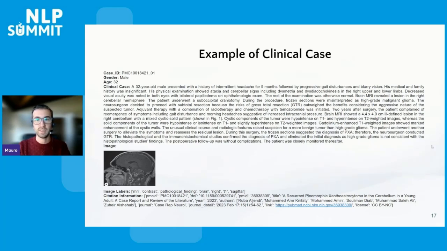This is the full case. Then you can see one of the images and its labels like MRI, contrast, brain, and so on, and the citation information, which includes PMC ID, the year, the authors, the license. This is CC by NC.